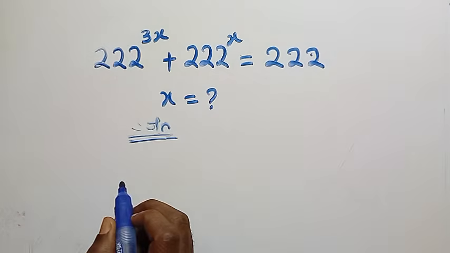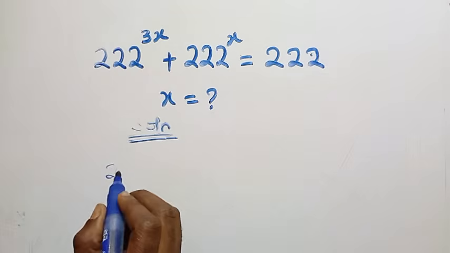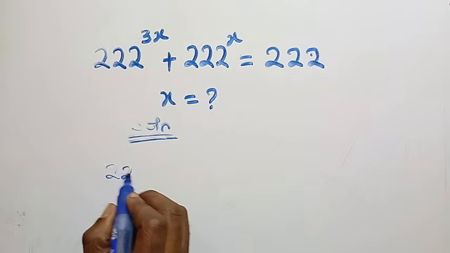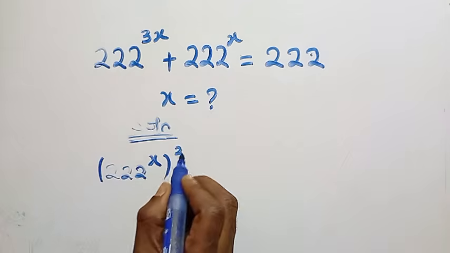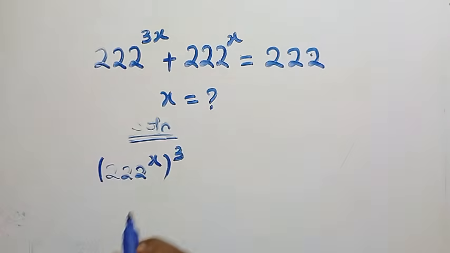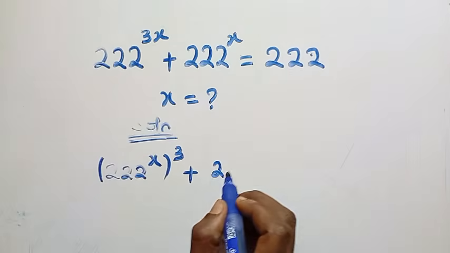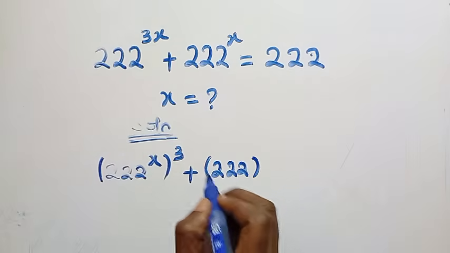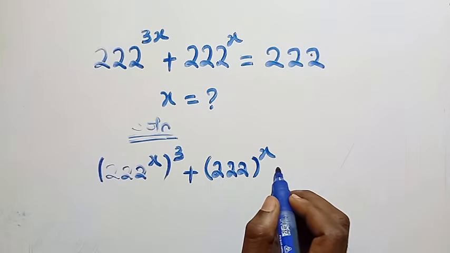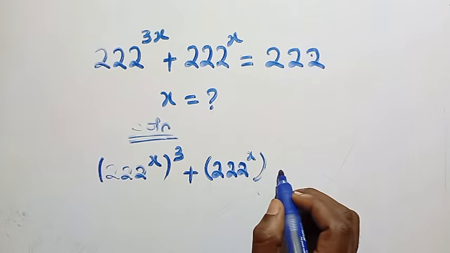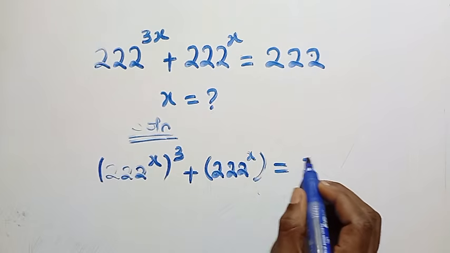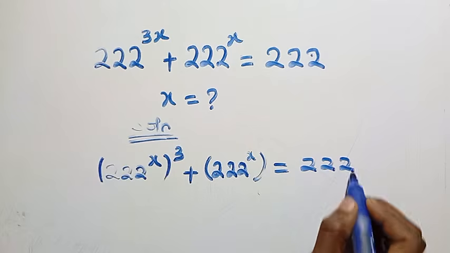Assume I write this, instead of 2 to the power 3x, as (2 to the power of x) all to the power of 3. Actually, this is still the same, following the rule of indices. Then plus 2^2 to the power x, or I can just put this in brackets, and everything equals 2^2.